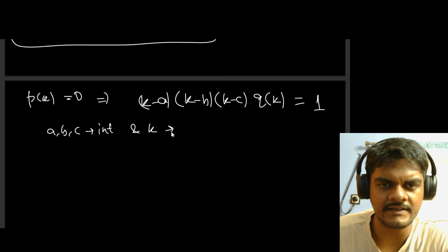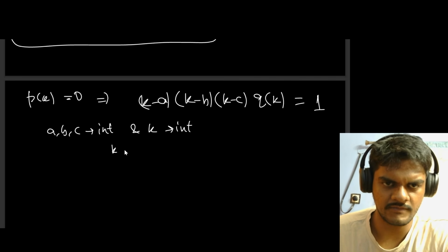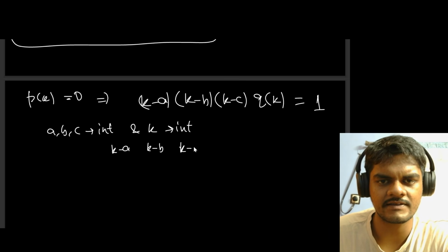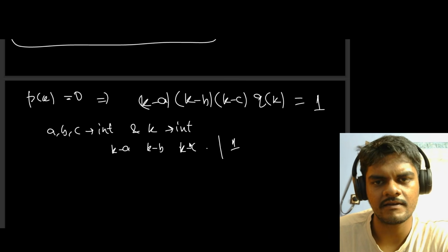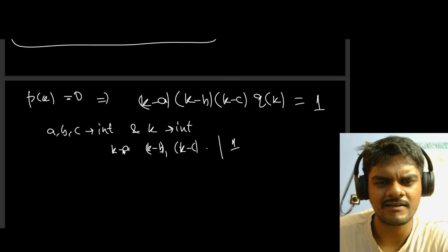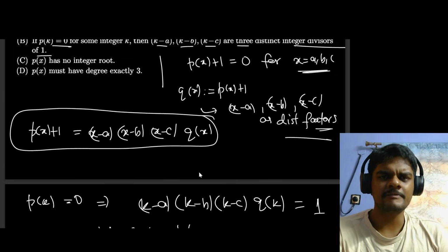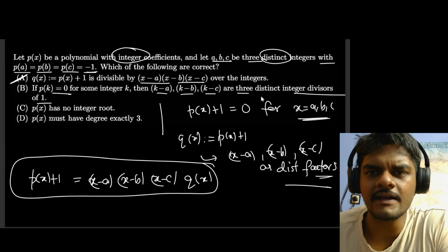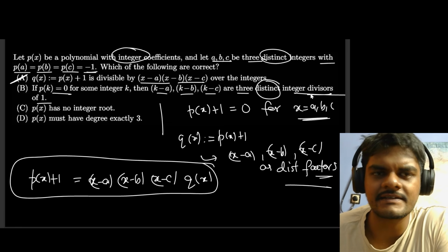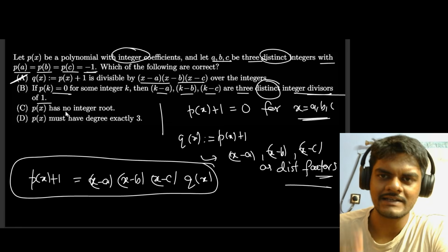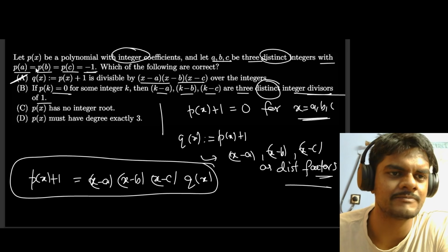And k is an integer. So k minus A, k minus B, k minus C divide 1. What does that mean? That means each of these can be plus or minus 1. So here my problem is they are not distinct integer divisors, right? At most they can be 1 and minus 1. 3 distinct is not possible.